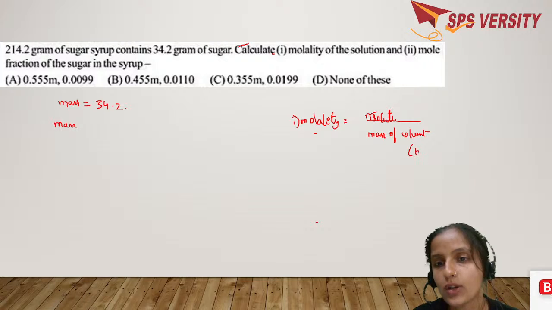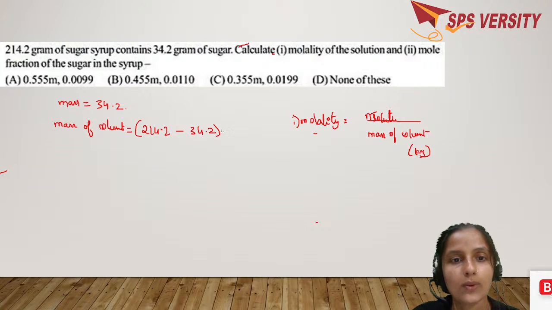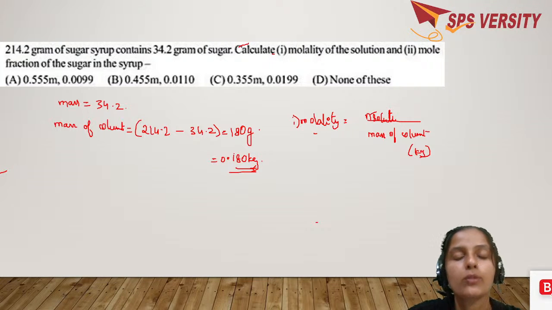So you need the mass of solvent. The mass of solvent is equal to 214.2, that's the sugar syrup, minus this one. This will give you 180 gram. Now you convert it to kg, which is equal to 0.180 kg. Now how do you find out the number of moles of solute?